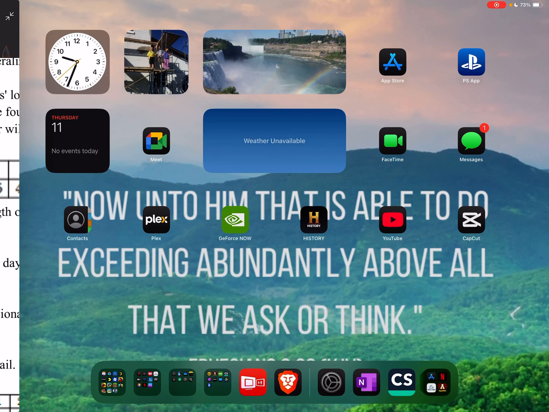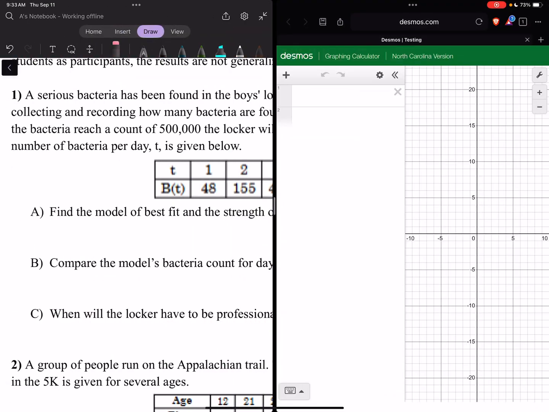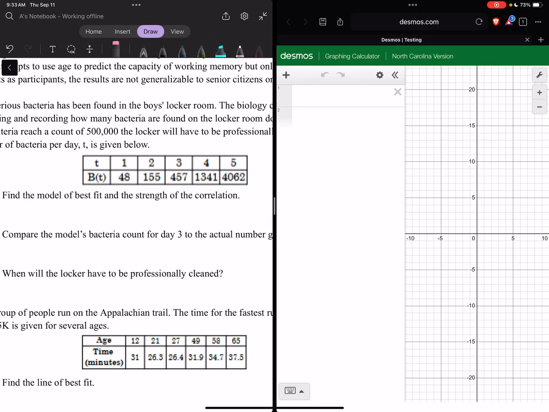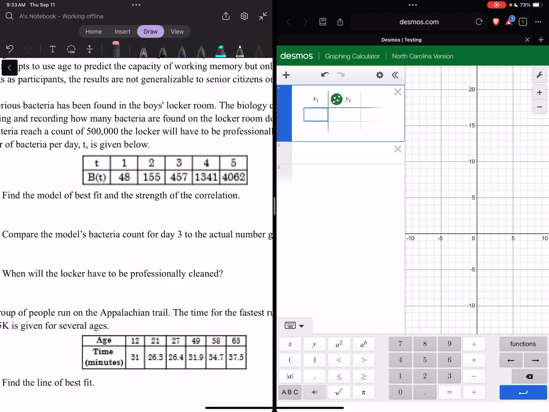So I'm going to open Desmos. I'm going to hit the plus table. Now I'm going to type in my X values, 2 through 5, and 48, 155, 457, 1341, 4062.